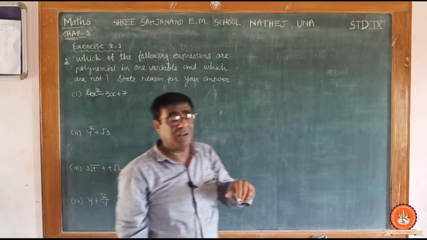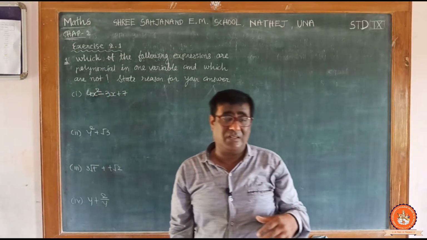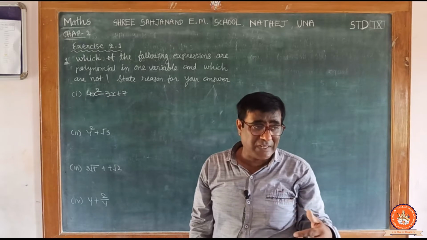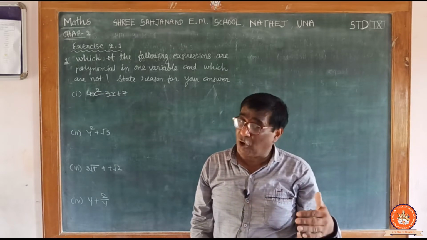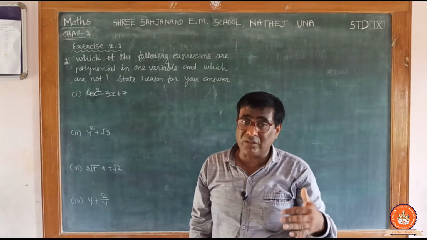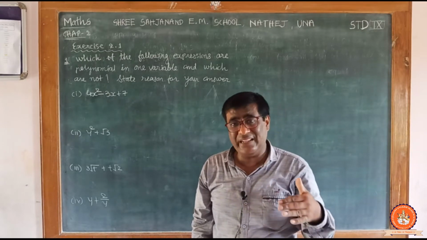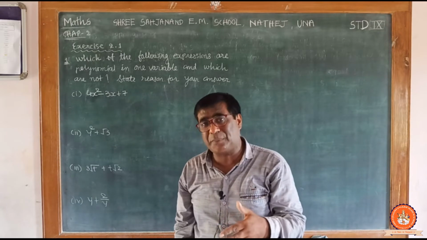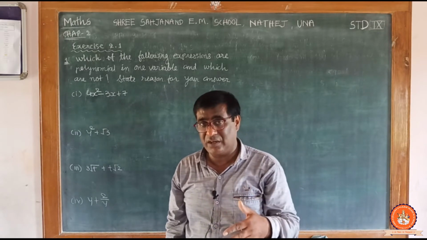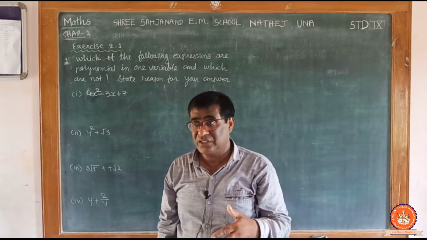Earlier, my friend, in the earlier lecture we discussed that any expression becomes a polynomial when and only when the power of the variable in each term of the expression is a whole number, that is, a non-negative integer.